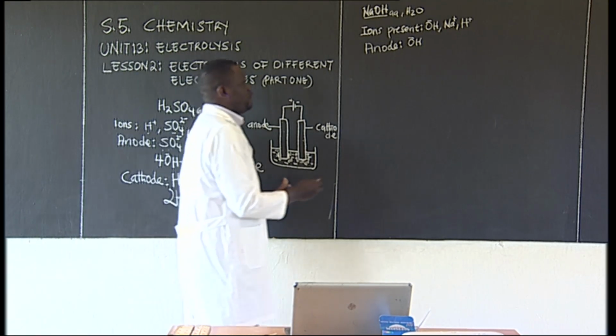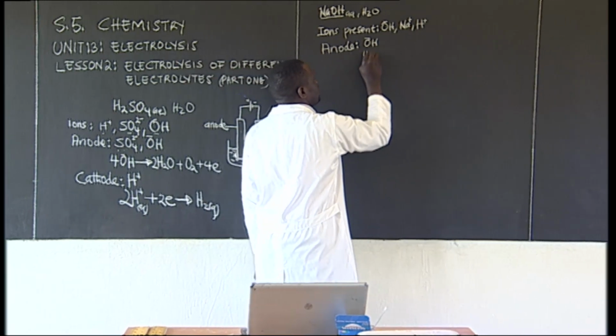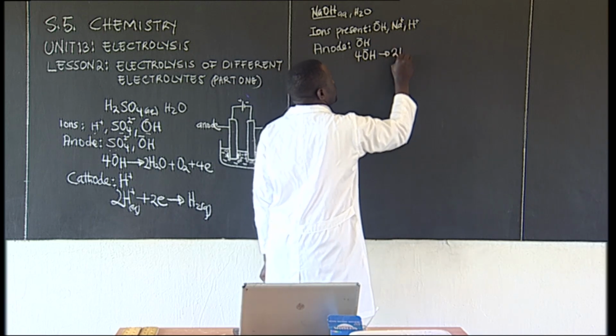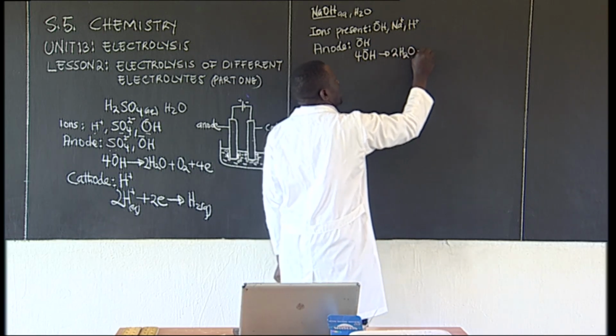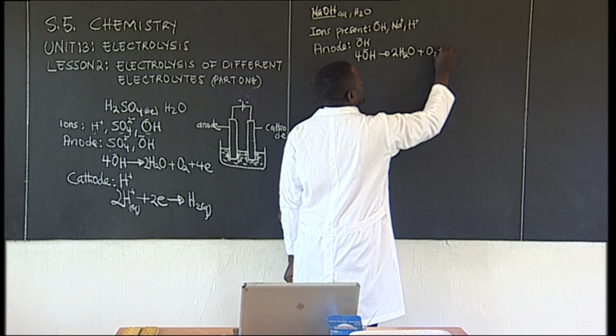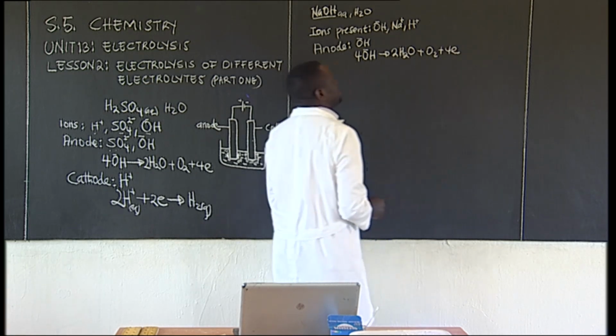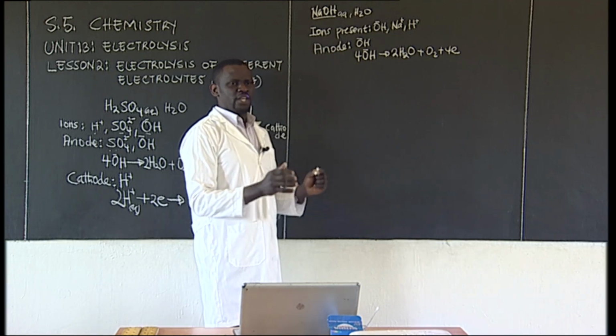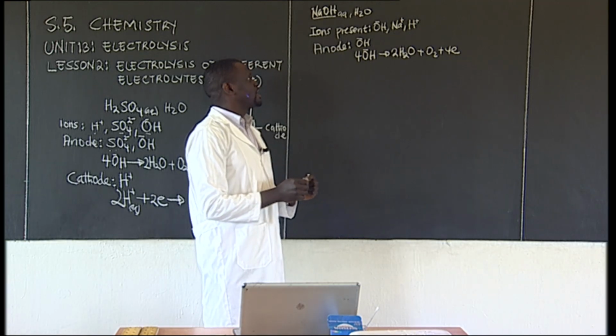Yeah, so we can copy it very quickly. So we say 4OH gives 2 water plus oxygen plus 4 what? Electrons for balancing. 4 electrons for what? Balancing. Hope you are enjoying and you're understanding what we are doing.